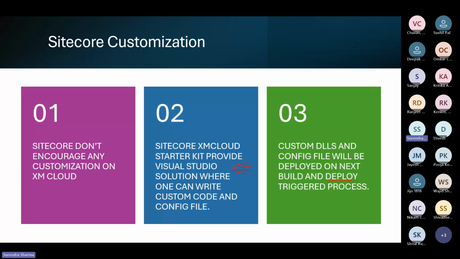From there, you can deploy it. It will automatically deploy your serialization files, your Next.js code, and it will automatically build, compile and deploy your C# code as well. So the way it was working on your local machine, it will work on the XM Cloud as well. All the customizations that you have done will work there.